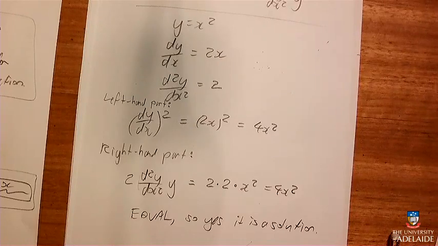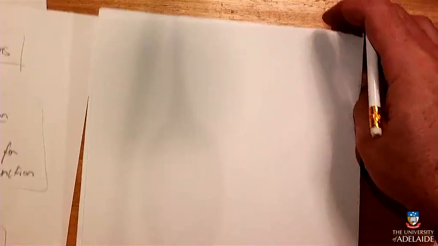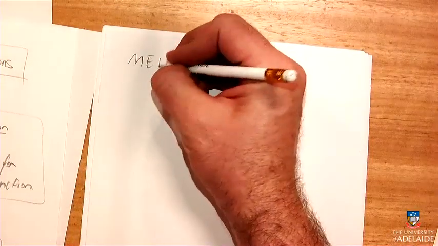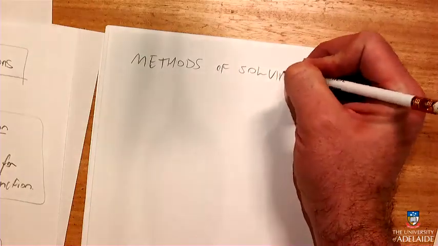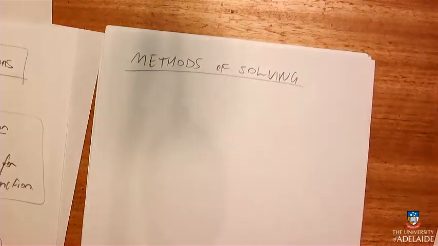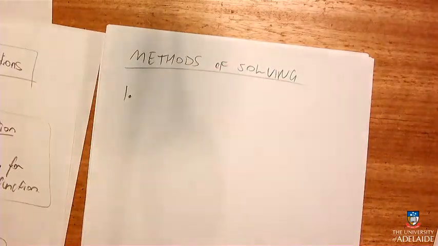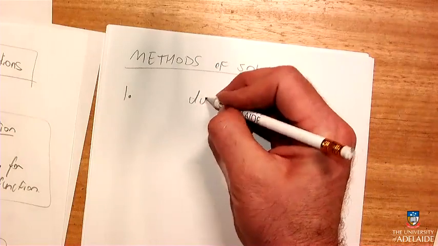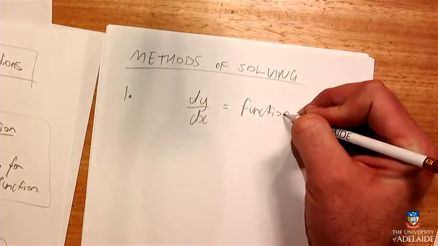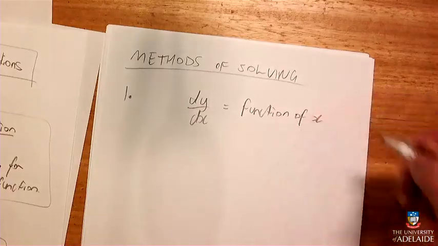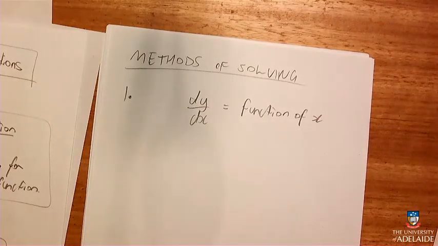Okay, so the first method of solving doesn't have a name, but it goes with things like this, of this sort of shape: dy on dx is a function of x.